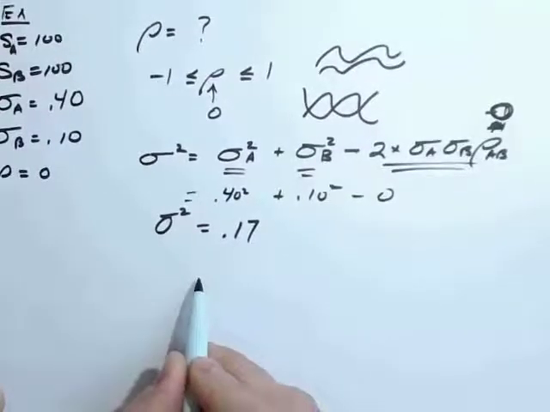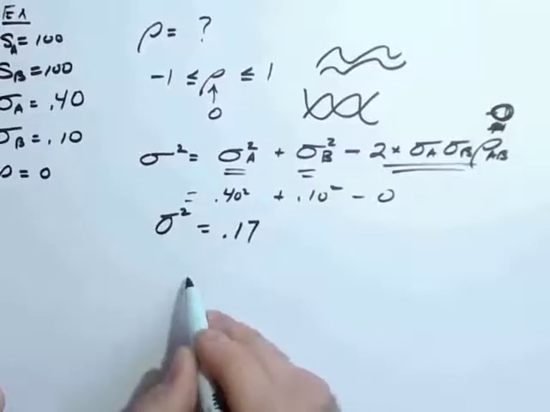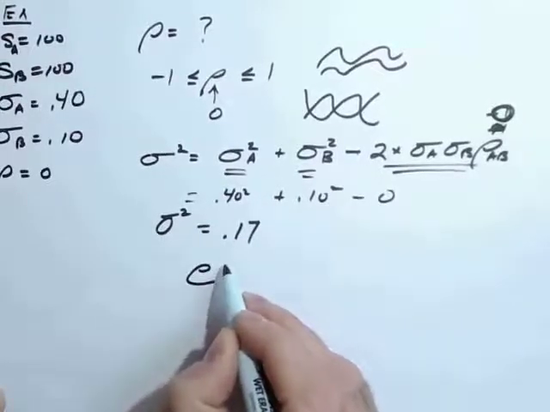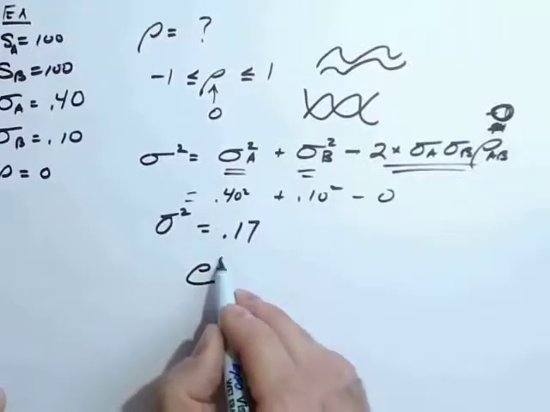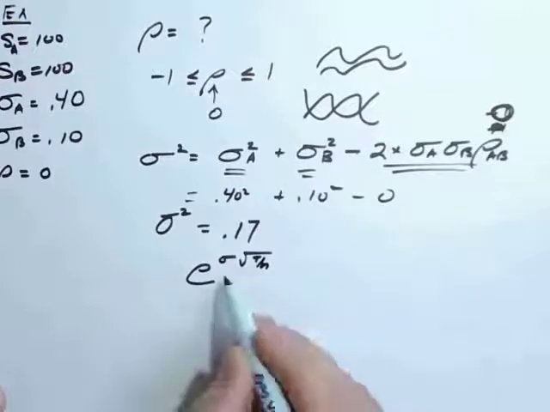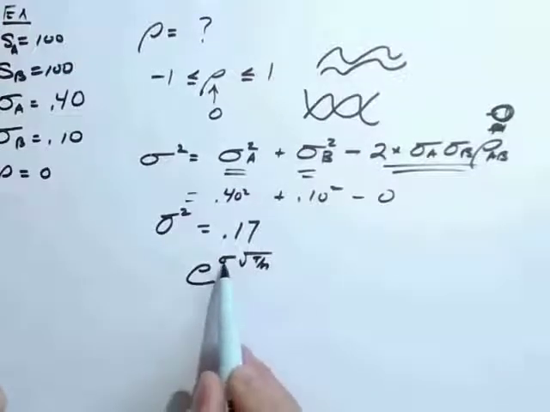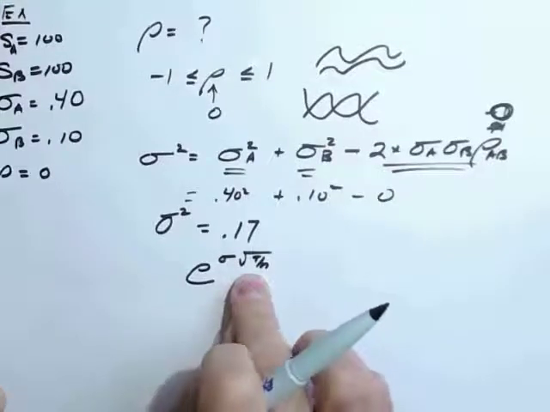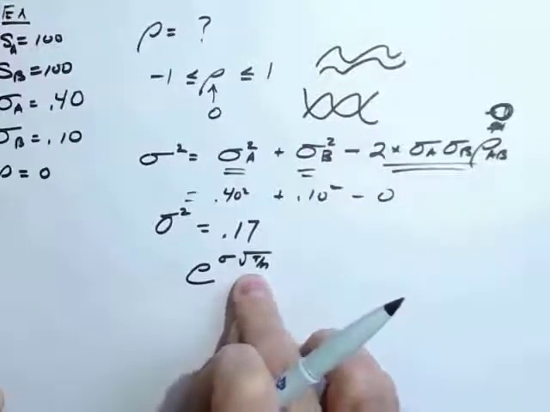Now we've got the variance, so let's compute an up and down movement for our binomial. Remember, when we did the binomial earlier, we used this formula: e to the sigma, the volatility, times the square root of the time per step.